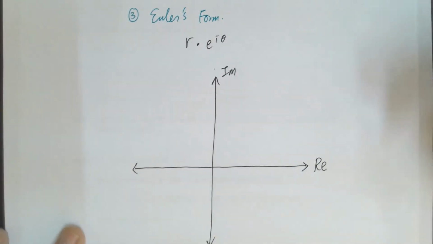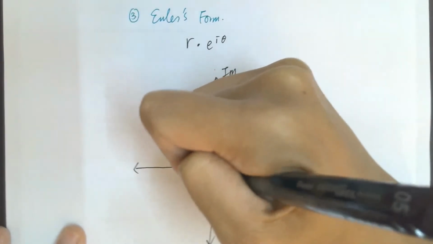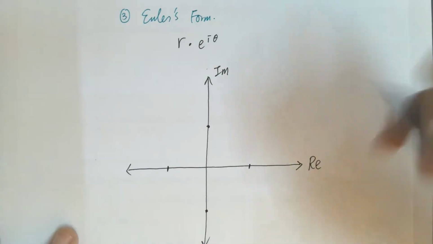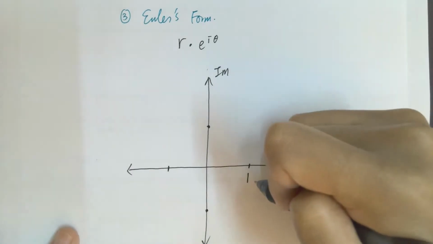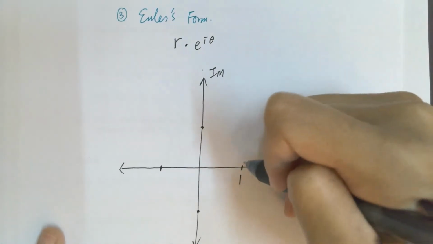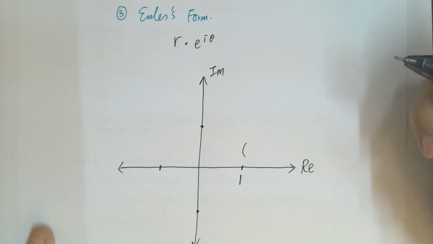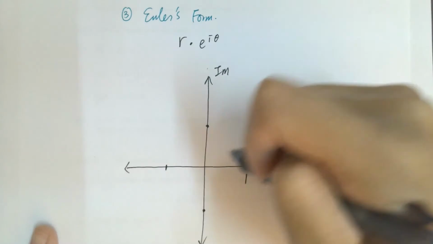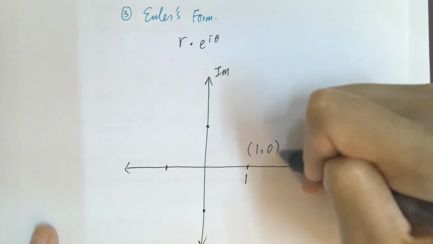So let's say if we have something of a radius of 1, okay, we would say that, for example, this point would be the real number 1. But if we want to label the coordinate of this point, you would just have 1 and then 0, for example, right?